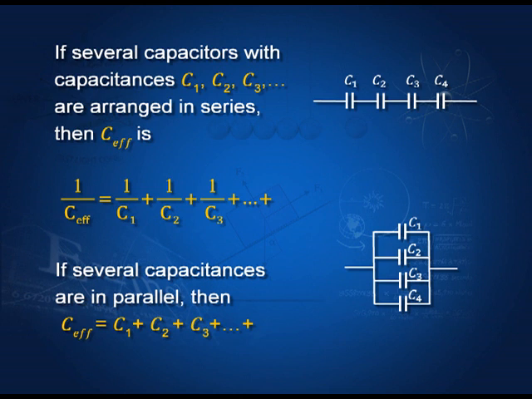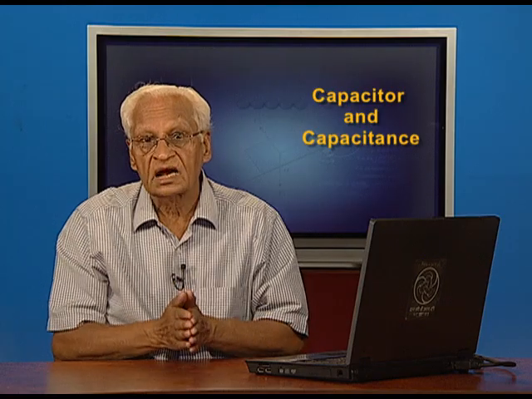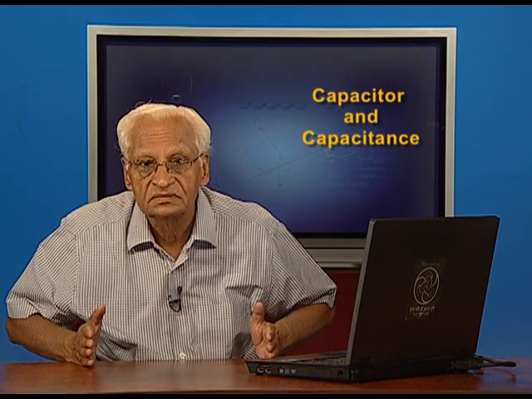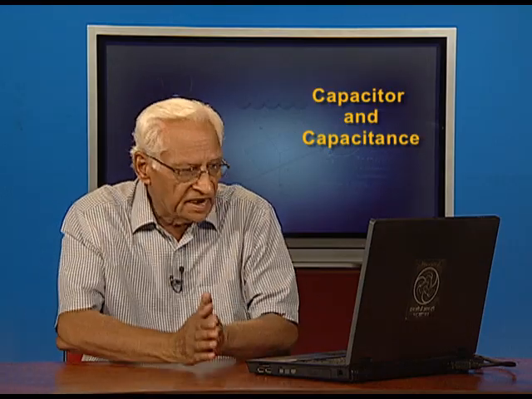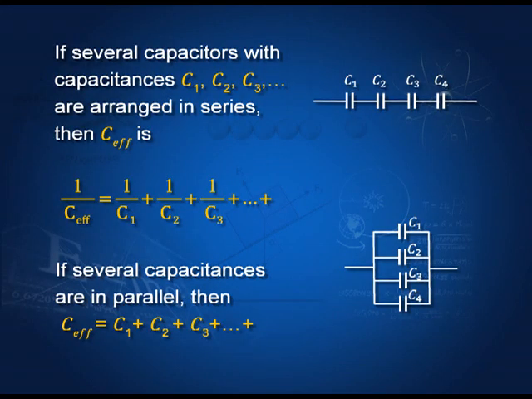That means, if they are in parallel, the capacities get added up. If they are in series, then the capacity gets reduced. It is equal to 1 by C1 plus 1 by C2 plus 1 by C3, and if we add them up and then take the reciprocal, that gives the effective capacity.